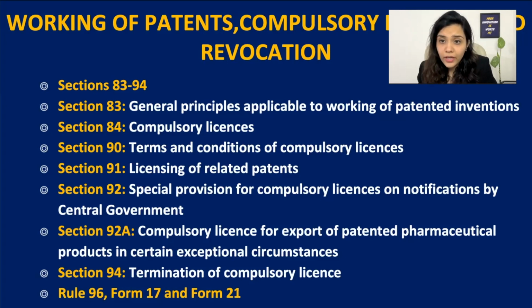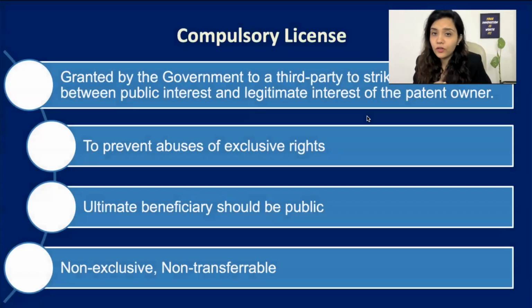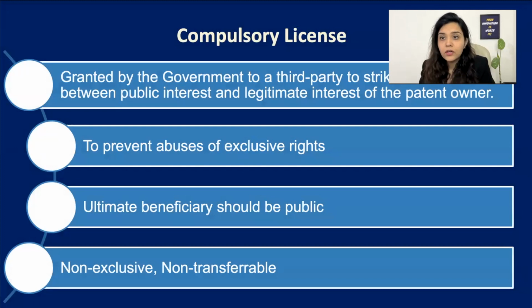And then we have rule 96 and form 17 and form 21. So form 17 is for application of compulsory license and form 21 is for termination of compulsory license. So let me explain the concept of compulsory license, or the general principles associated with patents, and based on which grounds the compulsory license can be granted.